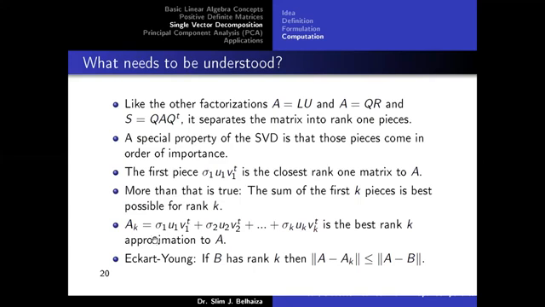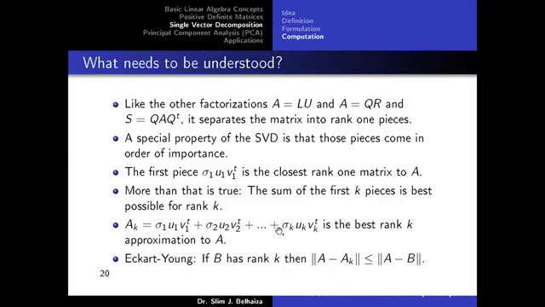So here the Eckart-Young theorem says that what you obtain when you write the approximation A_k, which is the sum of the first k singular value, singular vector products, is in fact the best approximation of rank k to your own matrix A. So if B is any other matrix that has rank k, the distance from A to B cannot be less than the distance from A to A_k. This is what Eckart and Young said.